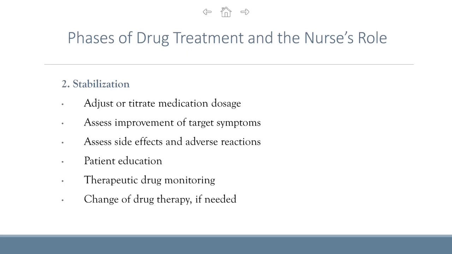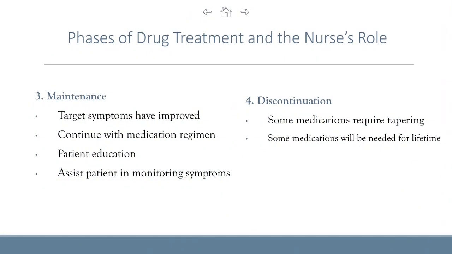Therapeutic drug monitoring if they need to have labs drawn and what that entails. Any change of drug therapy if needed. This all happens during the stabilization phase, so we're trying to find that sweet spot to help them with their best medication regimen.